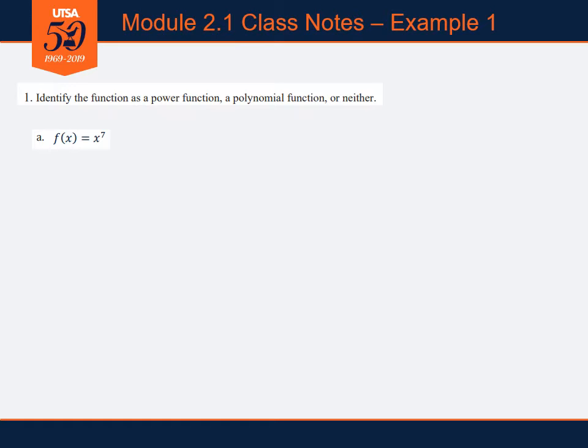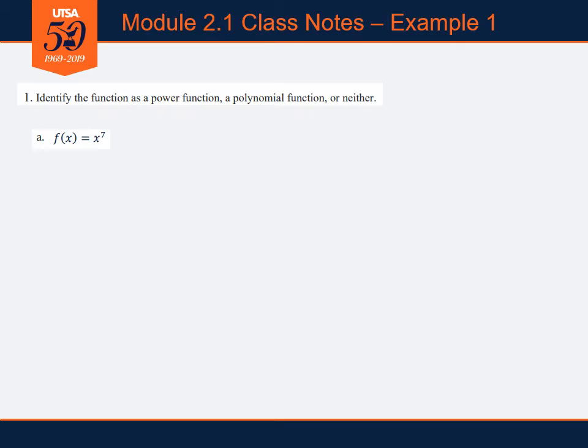It doesn't have to be the variable x, it could be the variable t, or t for time, or any other variable, but the input variable, which we usually use x, so I'll just say x for now. The input variable x to a whole number power, and several of those terms, x to a number power, added or subtracted together is basically what we mean by a polynomial function.